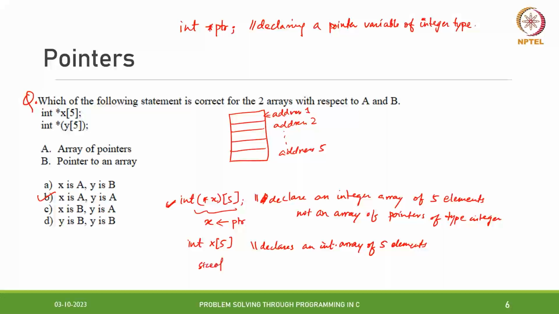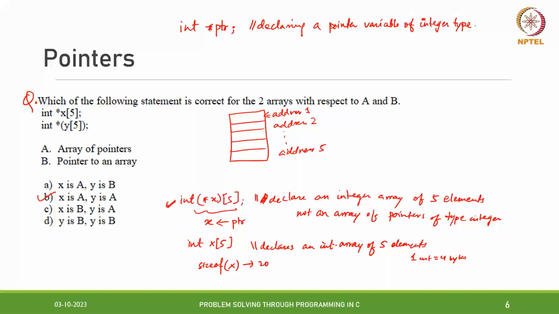If I had written size of x, this would have given me 20. Even though just x means it's a pointer to the array, it would have still given me the value of 20, since one integer is 4 bytes. So even if I'm saying this is an integer array of 5 elements, if I write size of x, it will give me a value of 20, that means 20 bytes.